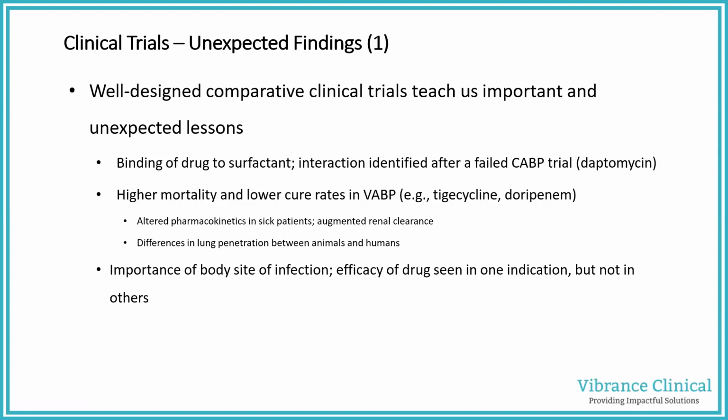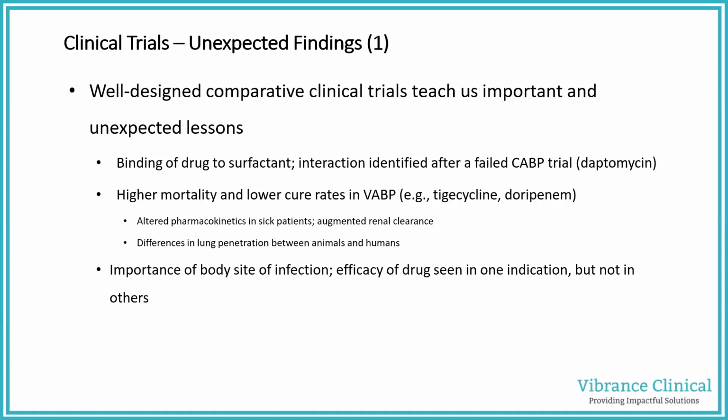There were higher mortality and lower cure rates in a VABP trial, which was doripenem. So there is altered pharmacokinetics in sick patients, augmented renal clearance, and differences in lung penetration between animals and humans. When you get deeper and look at those differences in the data, it becomes questionable whether the products coming in are the right ones or not.